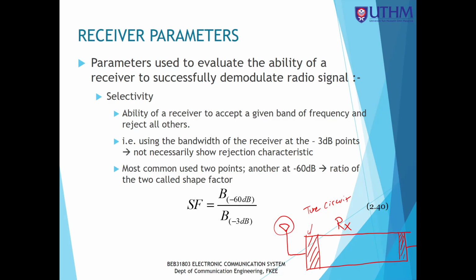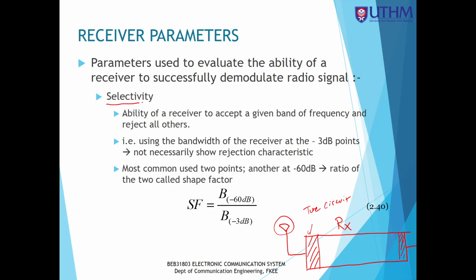The tune circuit consists of filtering circuits which select only the desired frequency band and remove the others. Starting from this slide is about the tune circuit, which shows the main parameters of the filters. Let's look at this slide, which covers among the important parameters within the receiver.